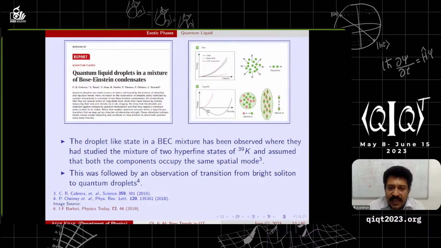But now, if my mean field interaction is attractive and the LHY interaction is repulsive, then there is a competition between these two interactions, and we can have a non-monotonic energy function. And this is where the suggestion of liquid formation came. This was again observed in BEC mixtures of potassium-39. And this was also followed by observation of the transition of bright solitons to quantum droplets. So these were also observed.